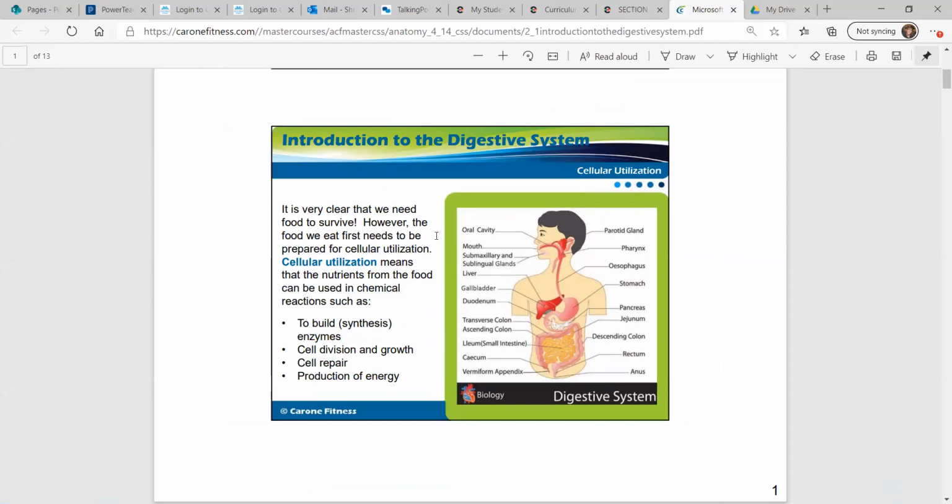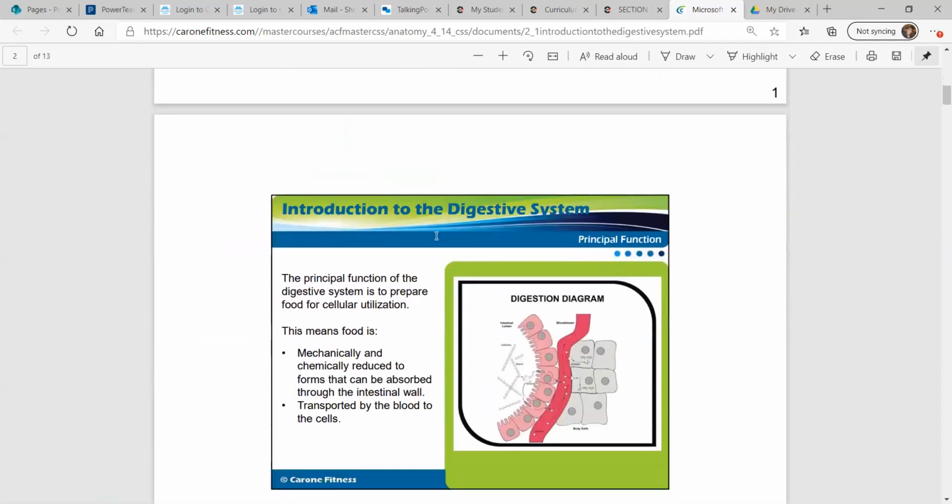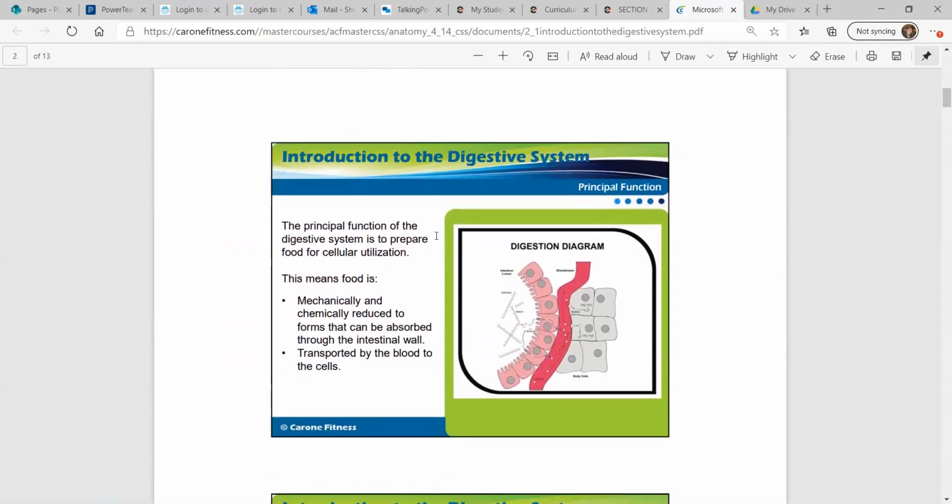Cellular utilization means the nutrients from the food can be used in chemical reactions, such as to build or synthesize enzymes, cell division and growth, cell repair, and the production of energy.